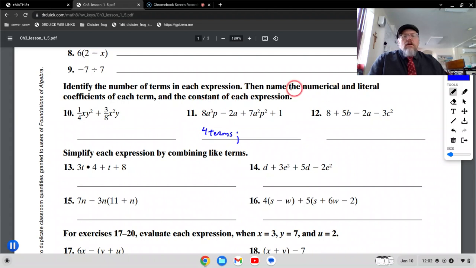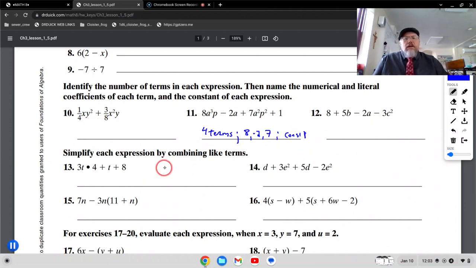Name the numerical and literal coefficients of each one. So we have 8. These are coefficients, the numbers in front of the letters. So I have 8, minus 2, and 7. This is not a coefficient because it's just a number by itself, which makes it a constant, right? And we can say the constant is 1. I'm abbreviating, but that's pretty straightforward.